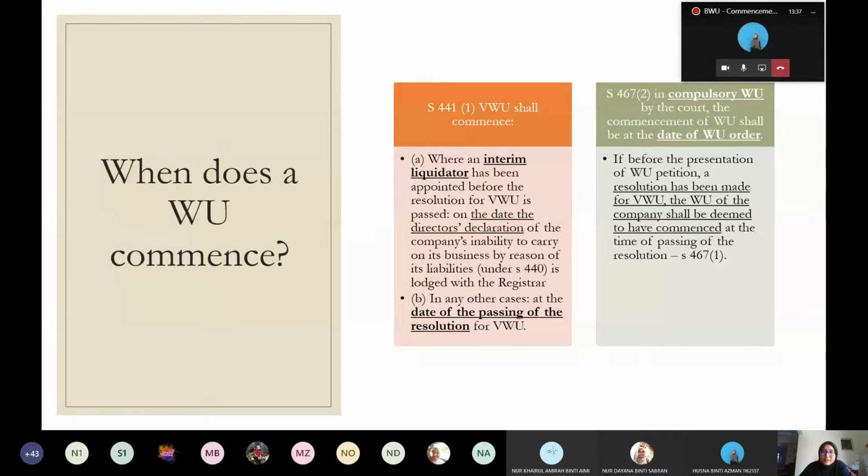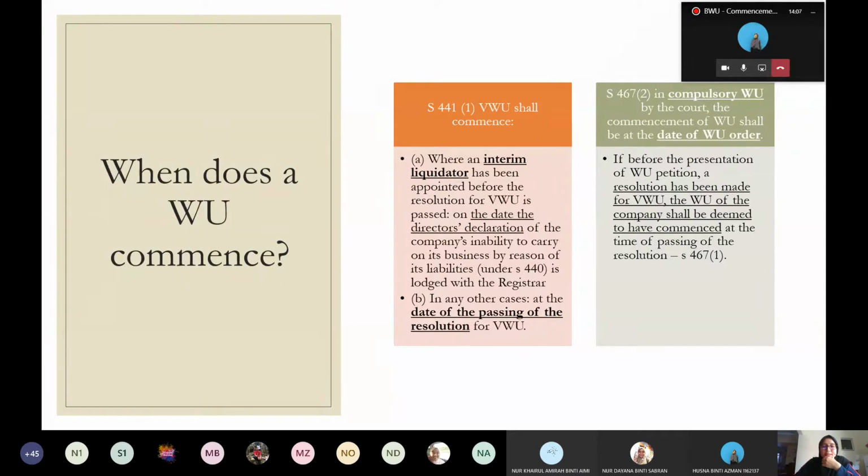So if for example, yang kat sini sebenarnya saya rasa macam it's not really ni lah, dia macam make clear the situation lah sebabnya sebelum presentation of the winding up petition tu tak ada order pun sebenarnya. Okay, tapi kalaulah dia adalah order tu, sebab bila dah ada voluntary winding up, so maksudnya at the time of the passing of the resolution tu the company has been deemed to be commenced.